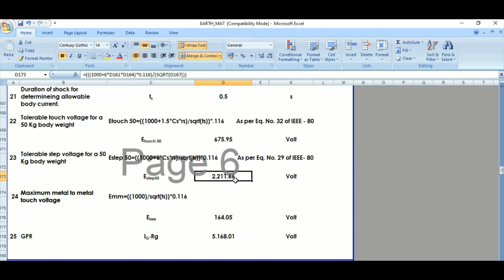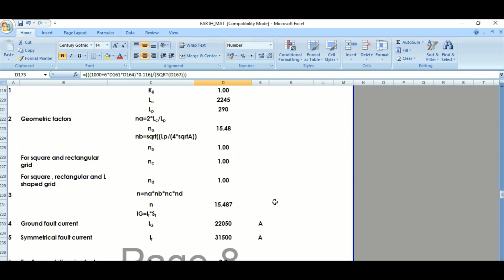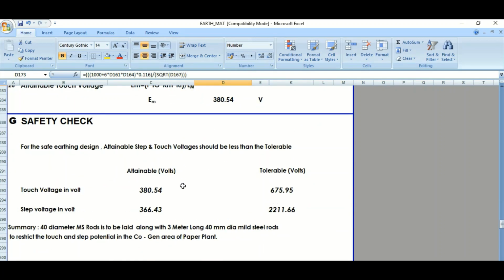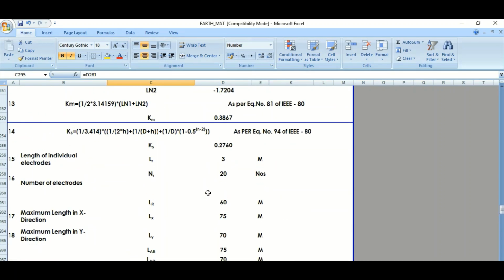This is calculated, which is 2211 volt, whereas the attainable step voltage, considering all the vertical or horizontal conductors, and the number of 3 meter long electrodes, which we consider as 20 numbers. Nr is 20 electrodes, and the electrode length is 3 meter.